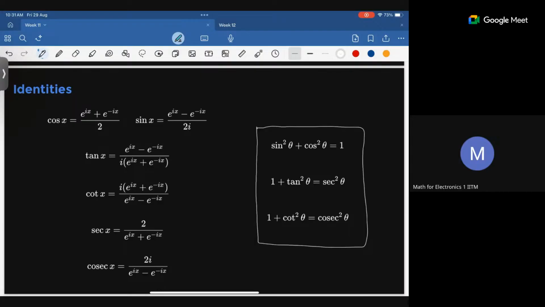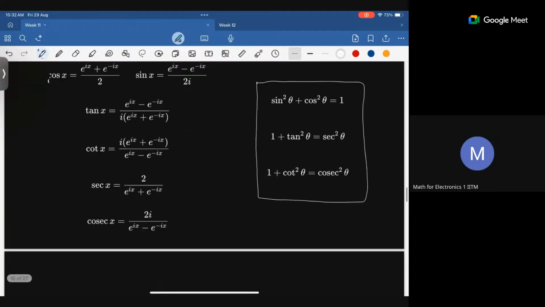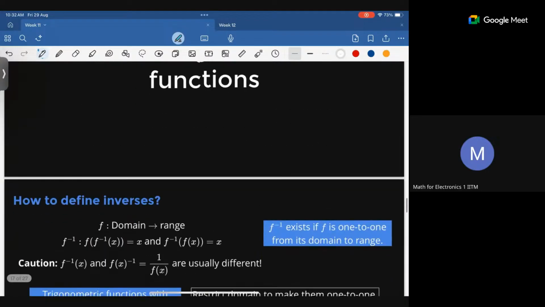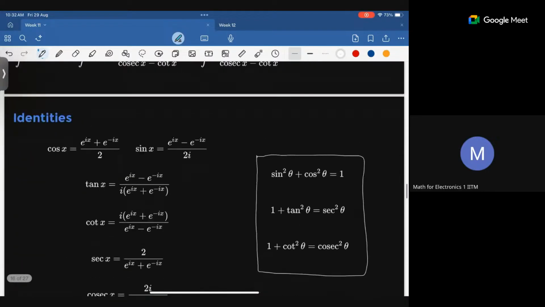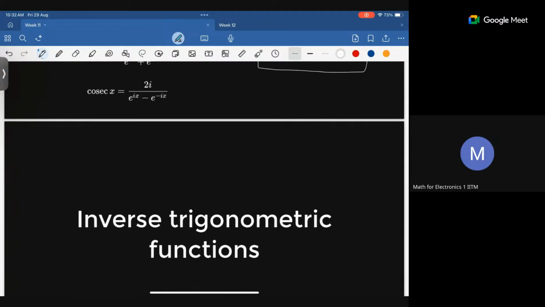Sometimes the expression might look very big, but using these identities, you can simplify the expression and then work on the simplified expression, not on the bigger expression. Mostly the first identity is very well known to us. Even the second and third should be very well known. If not, you can sit and try to derive them so that you won't forget. Yeah, that's all in trigonometric functions.